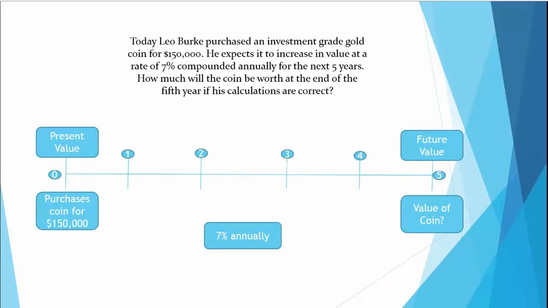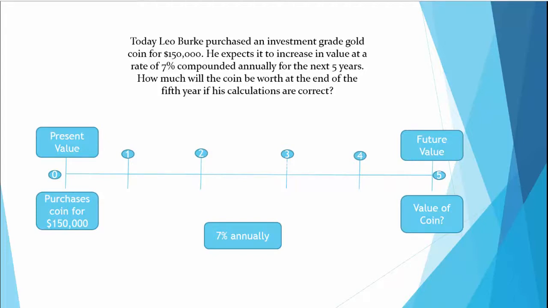Today, Leo Burke purchased an investment-grade gold coin for $150,000. He expects it to increase in value at a rate of 7% compounded annually for the next 5 years. How much will the coin be worth at the end of the 5th year if his calculations are correct? First, draw a timeline like the one shown on this slide. Next, identify the key data.